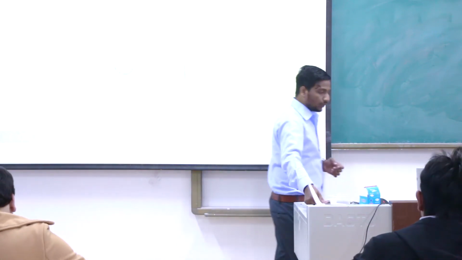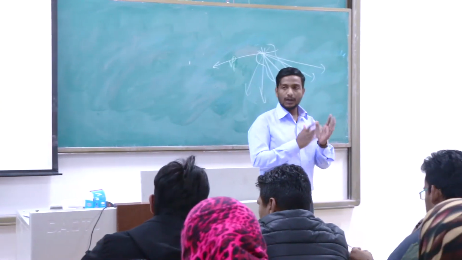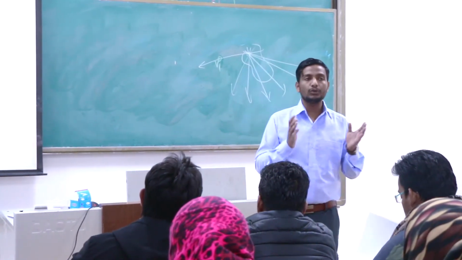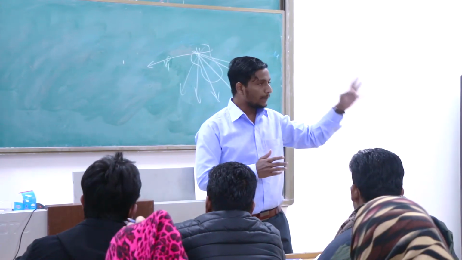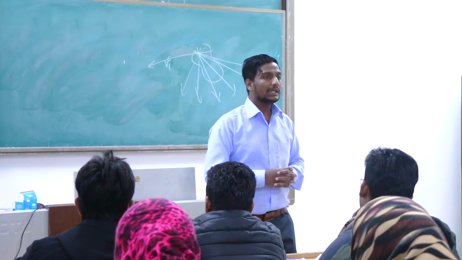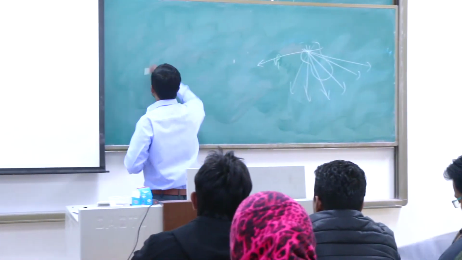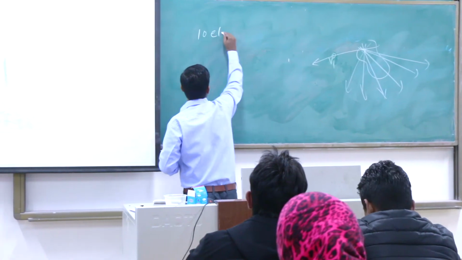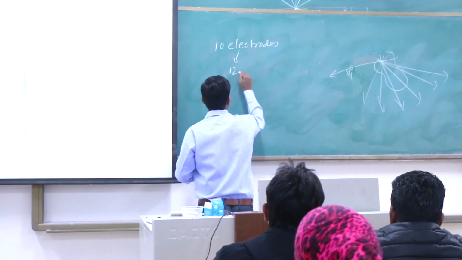So altogether we are going to get 12 leads. From V1 to V6, are all of them unipolar or bipolar? Unipolar. And there are 3 bipolar and 3 unipolar from the limb leads. So overall, your 10 electrodes will give rise to how many leads? 12 leads.